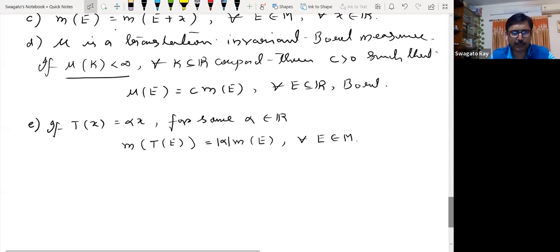The transformation rule has a higher dimensional version also. Let me quickly mention that here. We are not proving it.